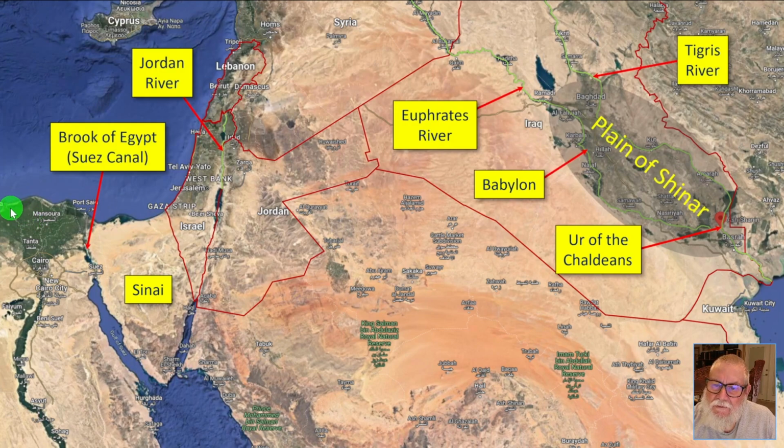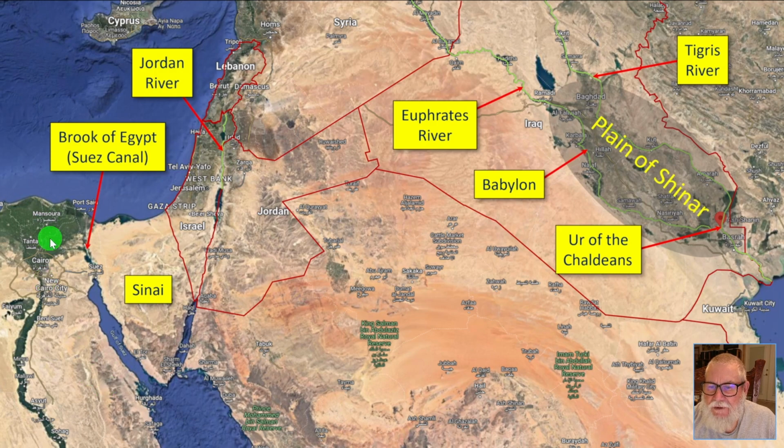Just off the map to the left is the city of Alexandria. There was a very famous library there, a center of scholarship in the time of the Egyptians.